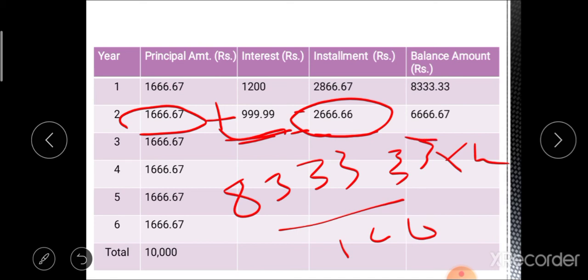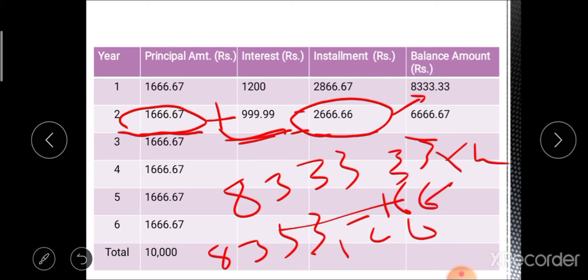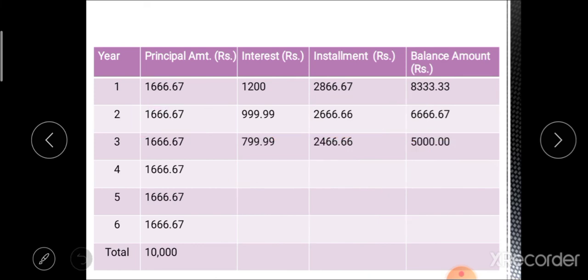Then next is the calculation of the balance amount for the second year. So subtract 1,666.67 from the first year remaining balance, that is 8,333.33. Subtracting 1,666.67 from 8,333.33, we get the second year remaining balance, that is 6,666.67. Similarly, calculate the interest and installment amount for the third year.